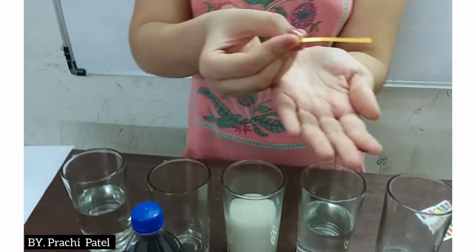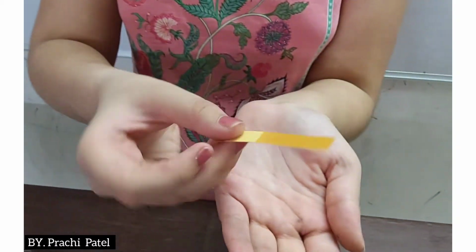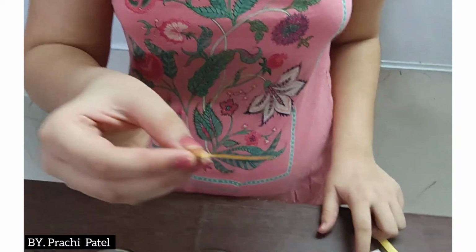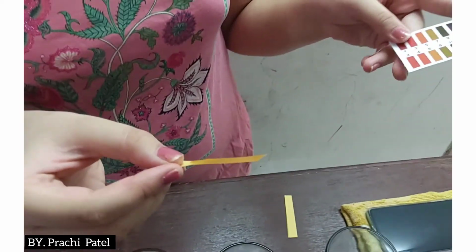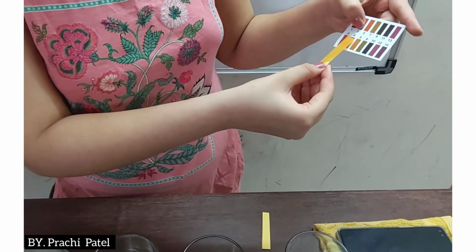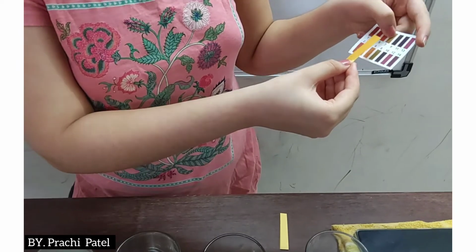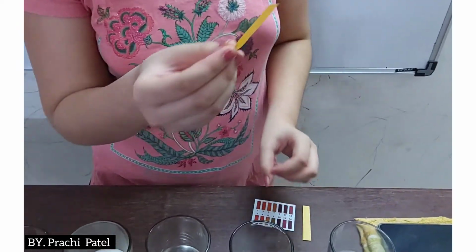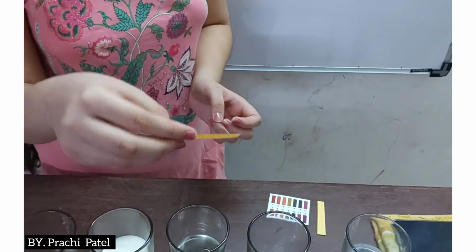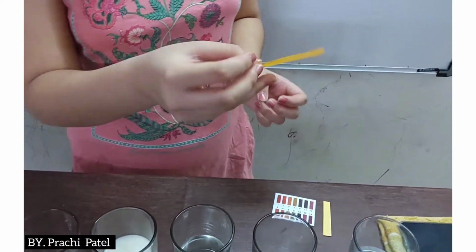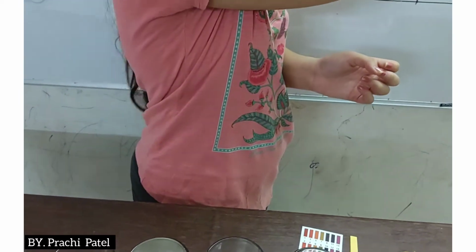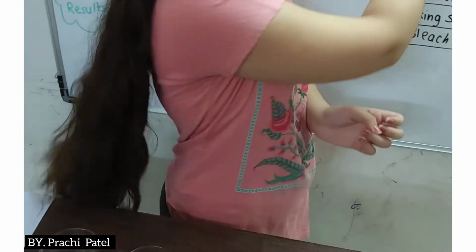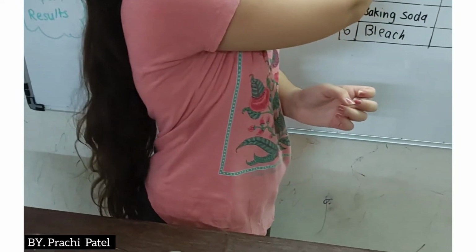So you can see the color over here. It is something on 6, maybe, 6 or 5. So over here it's somewhere in between 1 and 2.